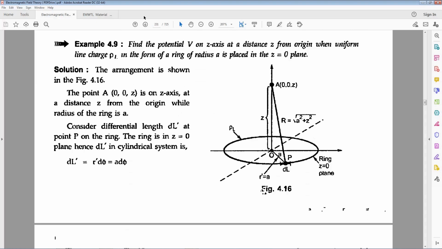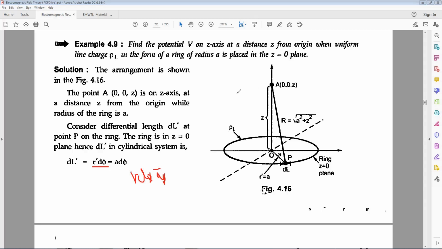So we already did this example. A circular ring, you can assume a small differential length on the circular ring. The dl bar is equal to r into d phi, a phi bar actually.